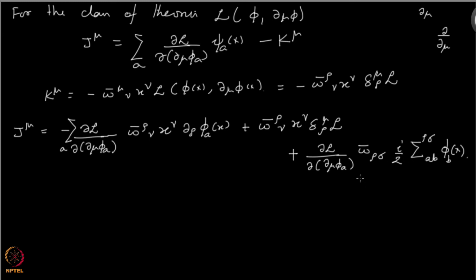There is a summation over a implied here as well, so I can leave that or I can write it out. So this is the current which we get.